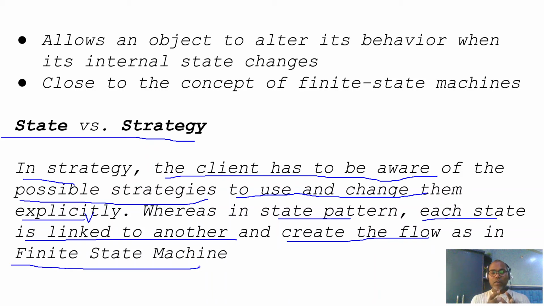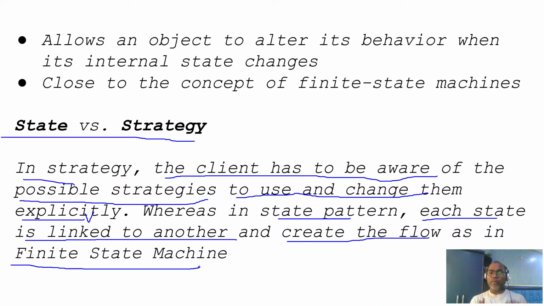Here a state change changes behavior at runtime, but not with the interface saying which behavior you want to change. The states are predefined, and these are the steps. First state, place order. Second, package and deliver. Third, the customer can receive. So all the states are linked to each other and create one flow, like in a finite state machine.